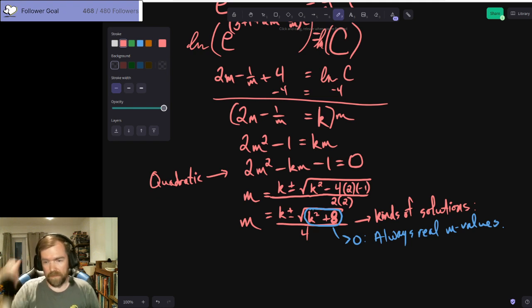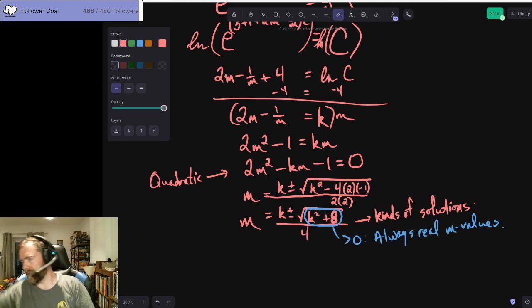So that's always going to end up being positive, and then if k was negative, we have the negative version, so that sends it off in the negative direction. And if we assume that k is positive, then the positive one remains positive, but the negative one is going to have a larger radical piece that's dragging it negative. So yeah.